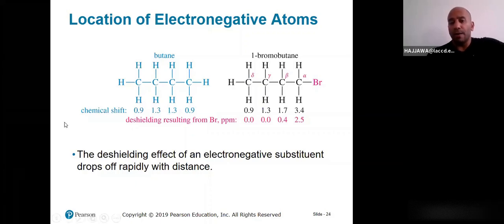You can see the alkane, all the hydrogens getting affected by having an electronegative atom, shifting from 0.9 to 3.4, because you have a deshielding effect coming from the bromine atom. The further apart that hydrogen is, obviously, the less it will be affected. You can see here when it gets to the gamma or delta carbon, away from the carbon that's attached to the halide, you will see it is impacted the least.